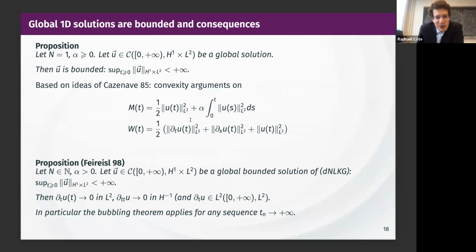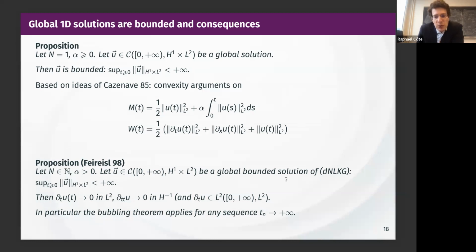and then you have to mix this argument with a trick found by Feireisl. This is very specific to dimension one. It also works for higher dimension, but then the exponent has to be much smaller, it has to be subcritical. But Feireisl's trick works for any dimension.